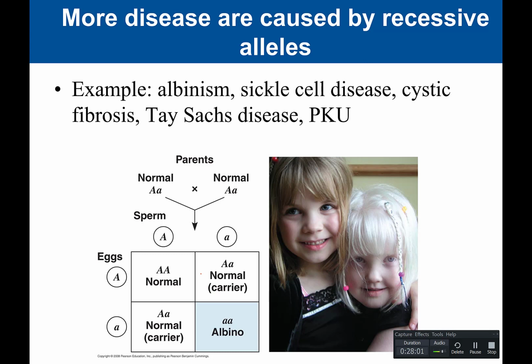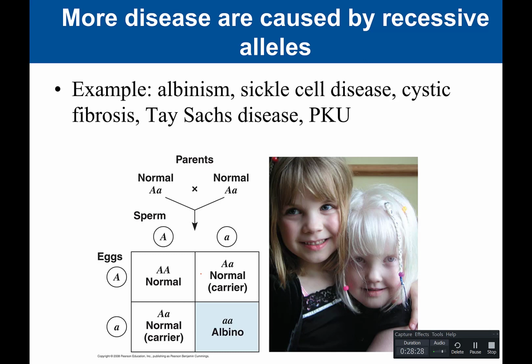Now, watch if I asked it a slightly different way. So 2 parents do not have PKU, but they do have a child that has PKU. Again, that tells you that they are both carriers. And then I say they have a child, so like my ex, they have a son who does not have PKU.